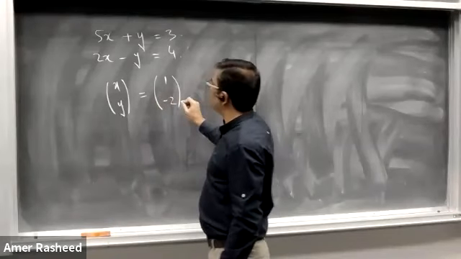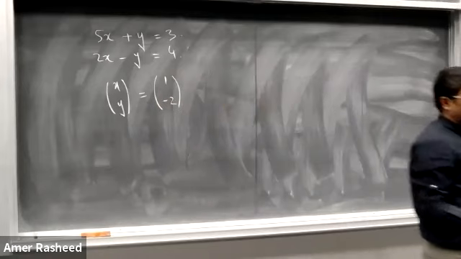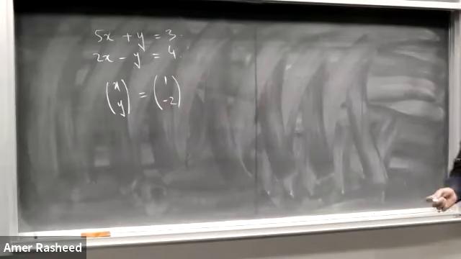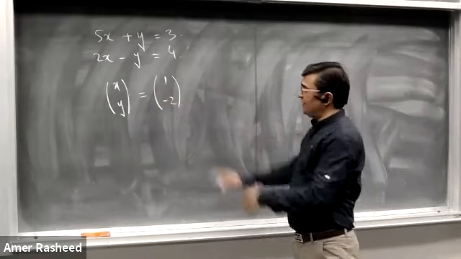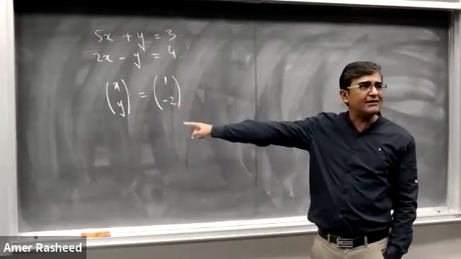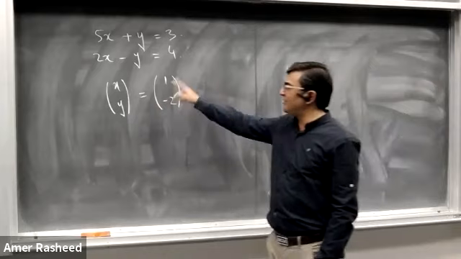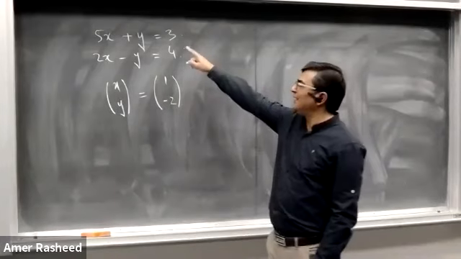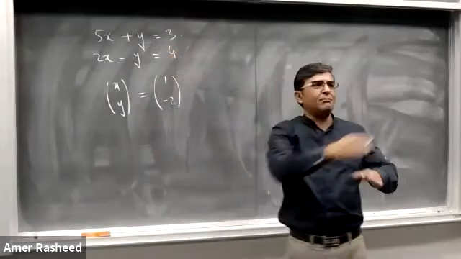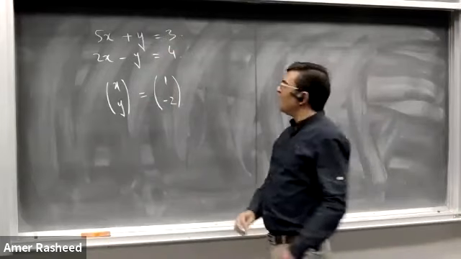So this is the solution of that linear system. It is the unique solution. It doesn't involve any parameter. And these two equations must intersect at a single point.